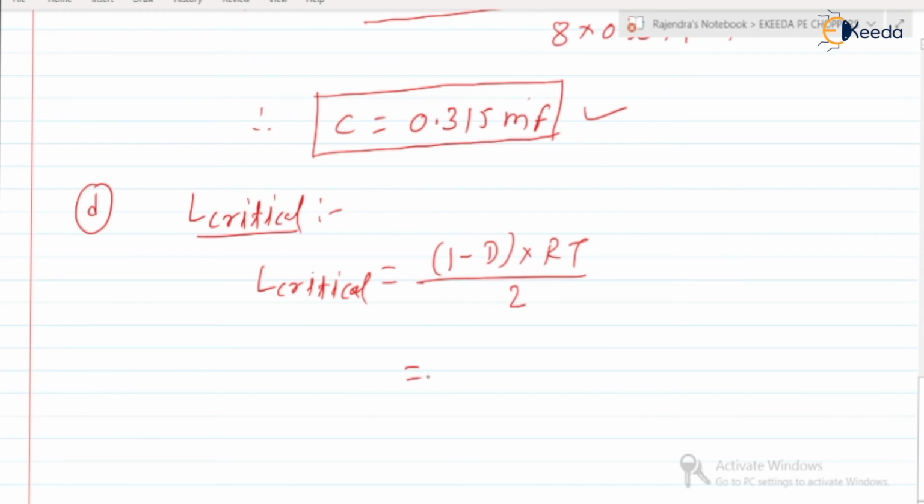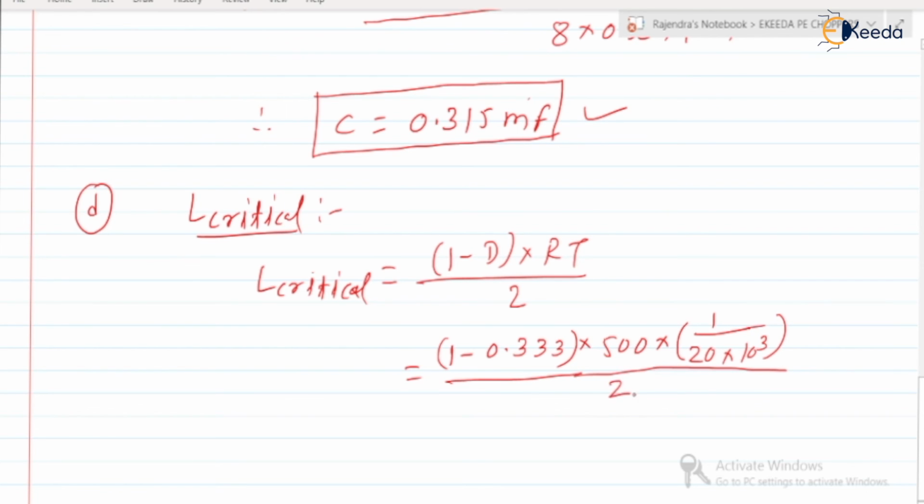So it is 1 minus 0.33 into R. R is given, it is 500, into T. T is 1 upon 20 into 10 to the power 3, right? Because switching frequency is 20k. Divided by 2. So from this we can find the L critical.